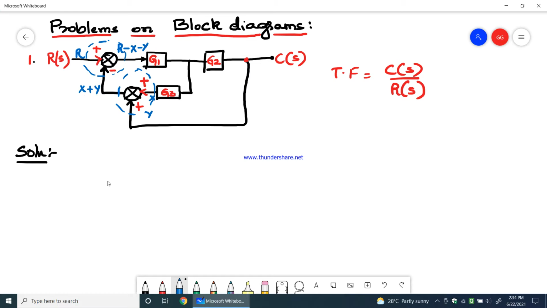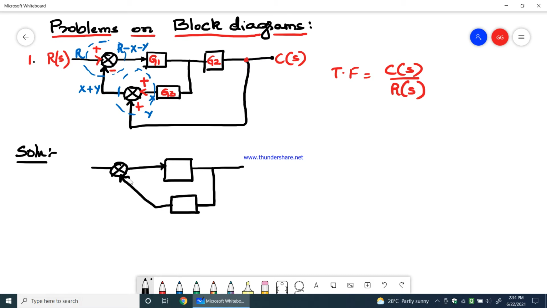Now the same block diagram I'll try to write in a different way so that we'll see it is much easier the way it looks. I'll take G3 and give it directly to this summing point, and then I'll take another line from the summing point and give it to this.